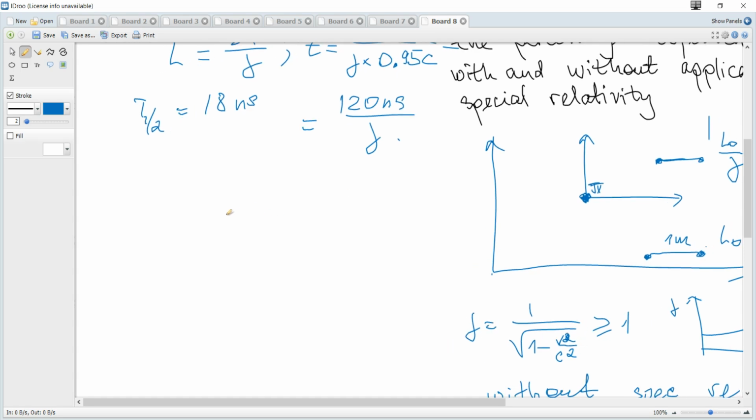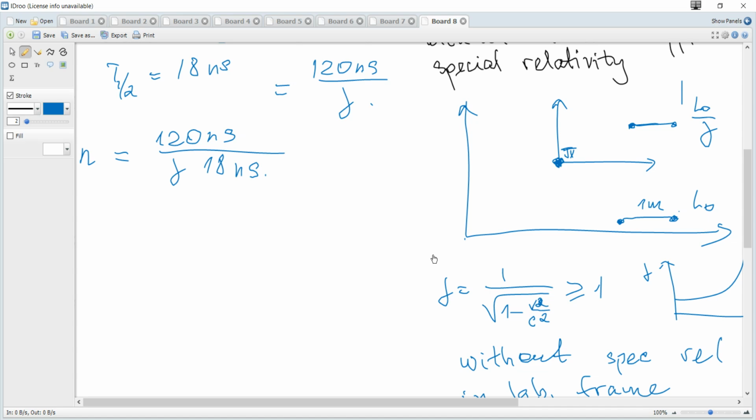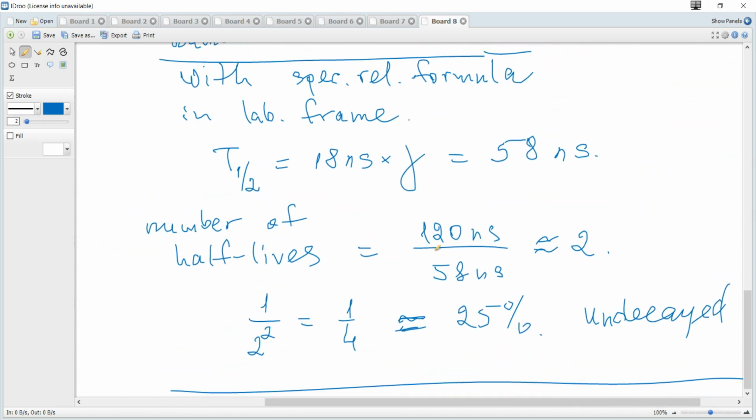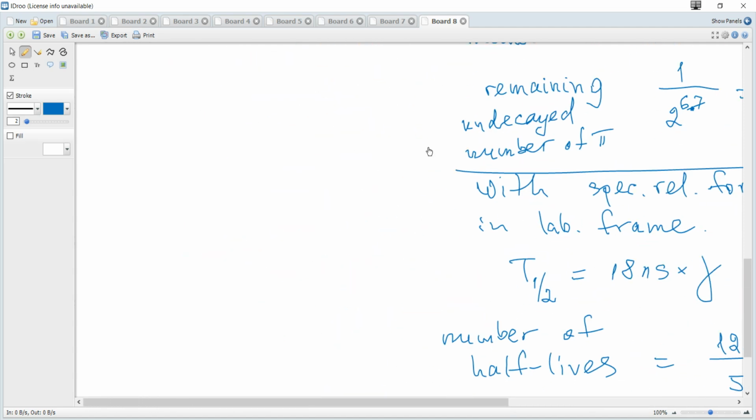Hence the number of half-lives is 120 nanoseconds divided by gamma and divided by 18, and you can see that 18 times gamma gives the same value, 58, and you get 2 half-lives, which is consistent with the experiment.